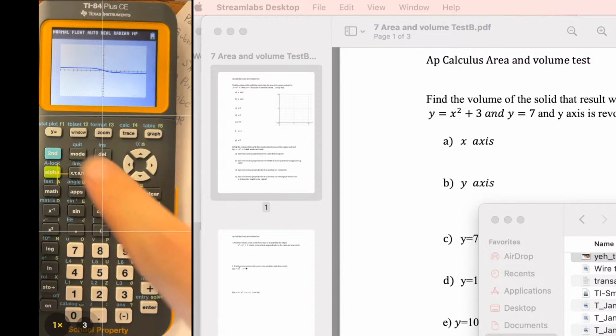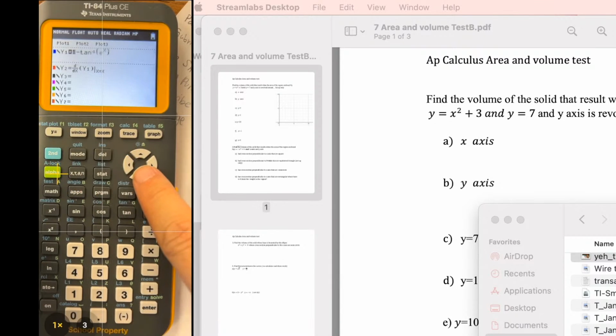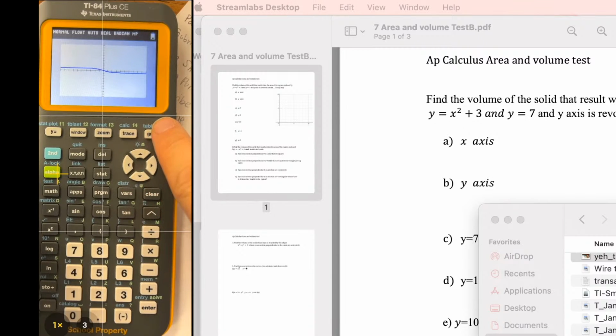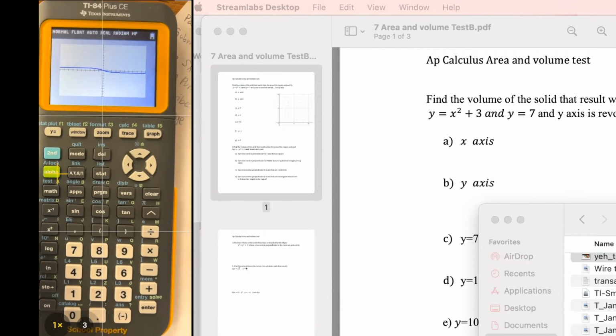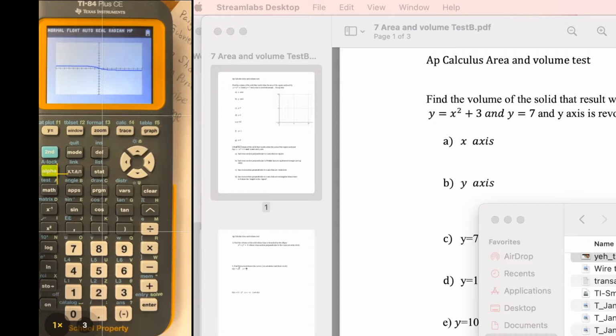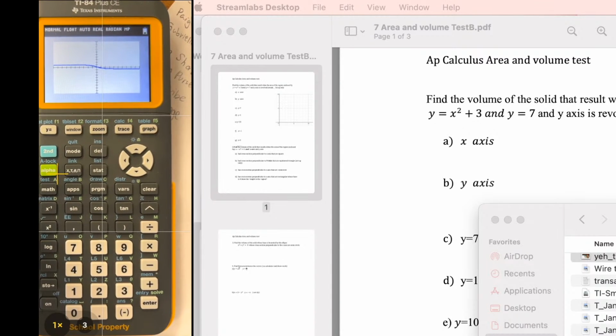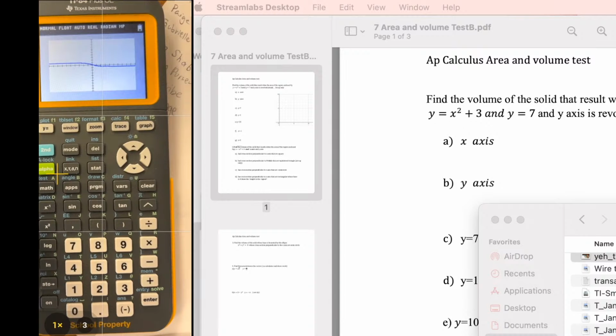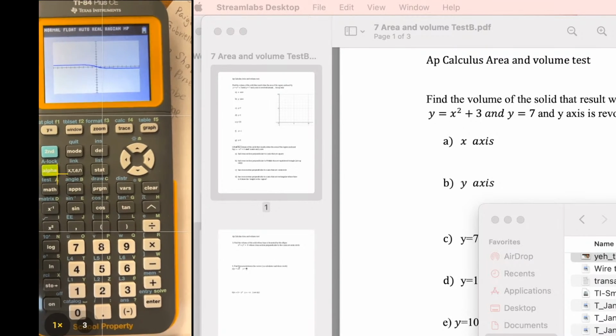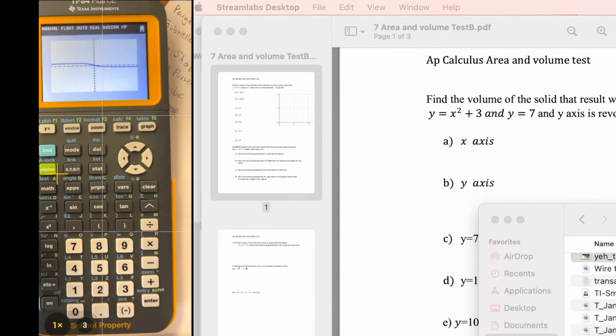It seems like something is off. Here, let me check. Did I make sure the graph is right? Is that what your graph comes up with? Is everybody's the same or no? Yes? But that graph seems kind of off.